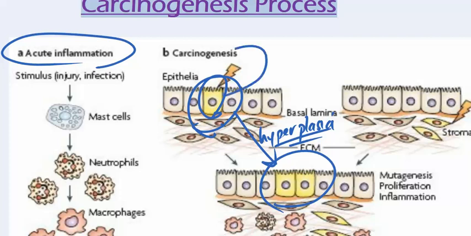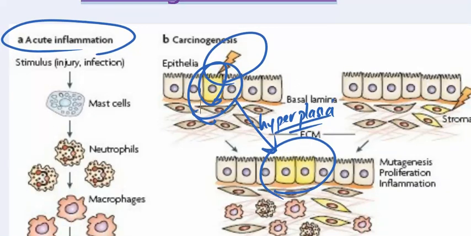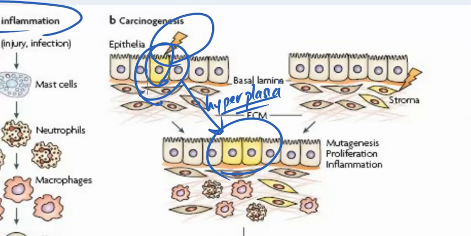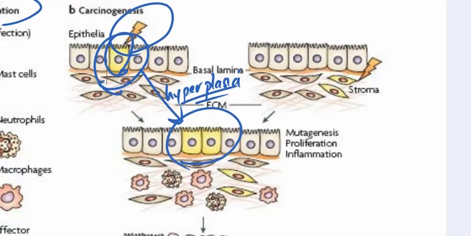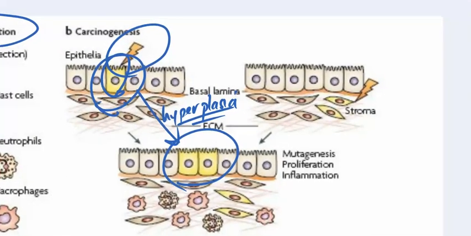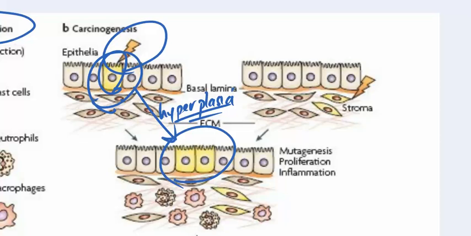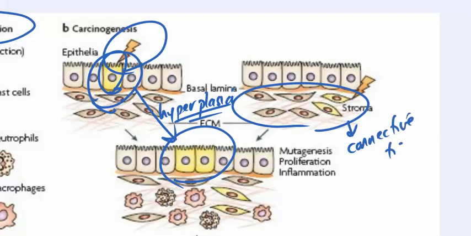Or it can be environmental, like radiation, UV light, carcinogens, stuff like that, that can also lead to the mutation occurring, leading to this hyperplasia. Here it's showing mutation in the epithelial cell and also the stromal cell. This is like your connective tissue, so this is like fibroblasts.